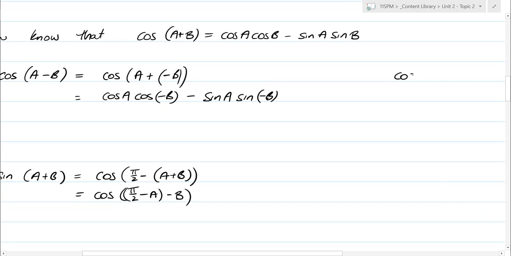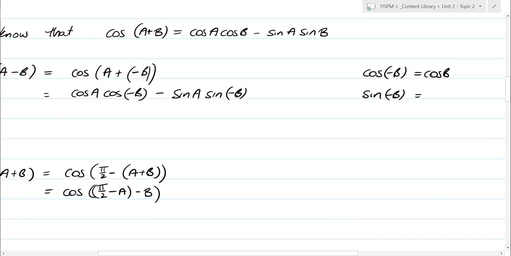You need to know that cos of negative B is equal to cos of B, and that sin of negative B, can anybody guess what that's equal to? Negative sin. Oh, didn't fall into my trap. Well done. Negative sin of B.